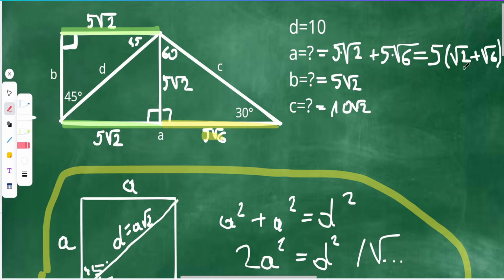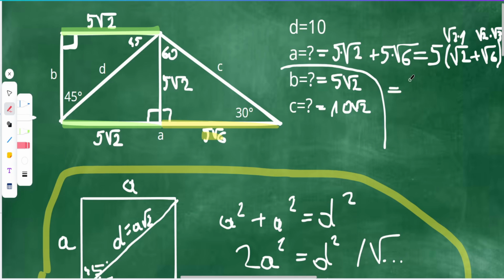So we also notice, at least I notice after a while, that the root of 2 and the root of 6 also have a common factor, namely here is the root of 2 multiplied by 1, and here is the root of 2 multiplied by the root of 3. This root of 2 we can also take out before the bracket.